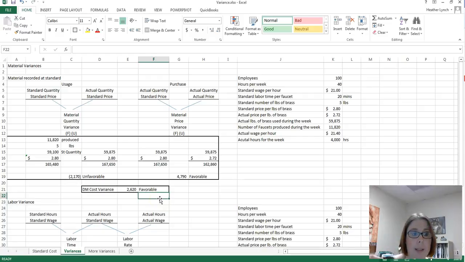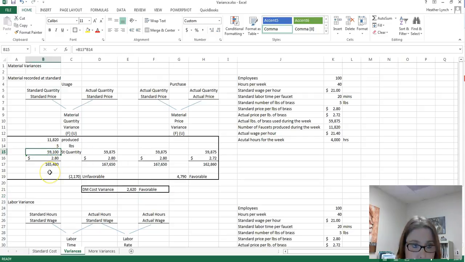Now before we go to the next, labor, just because something is unfavorable or favorable, it's not necessarily that if you think favorable, oh, that's good, or unfavorable, oh, that's bad. Not necessarily. It just depends. Here we did 59,100. That's what we decided we were going to produce. It takes this many pounds of brass, so we set our standard quantity at 59,800.